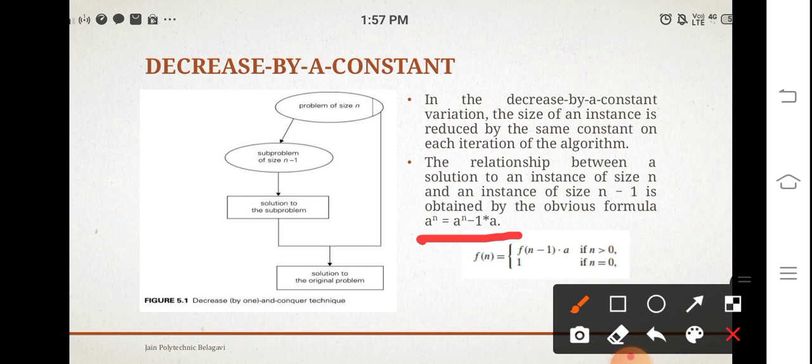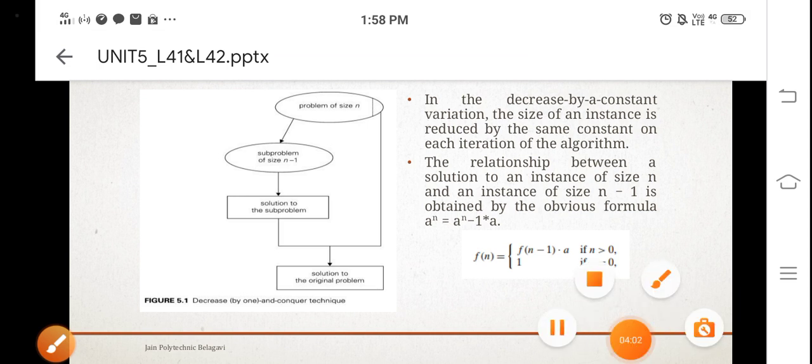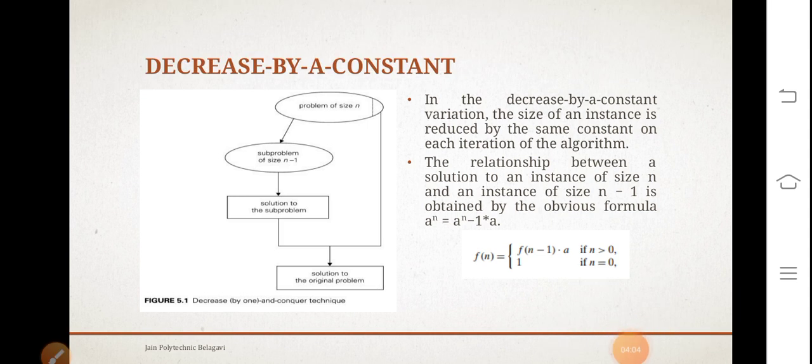Then the function f of n equals a raised to n can be computed either top down by using its recursive definition, or bottom up by multiplying 1 by a n times. Yes, it is the same as the brute force algorithm, but we have come to it by a different thought process. More interesting examples of decrease by 1 algorithms we can study in a deep manner in later stages.